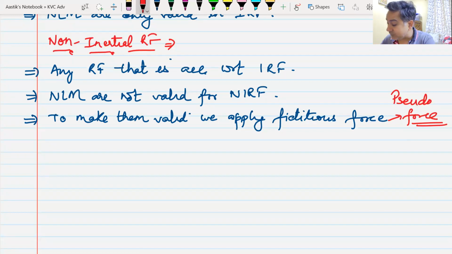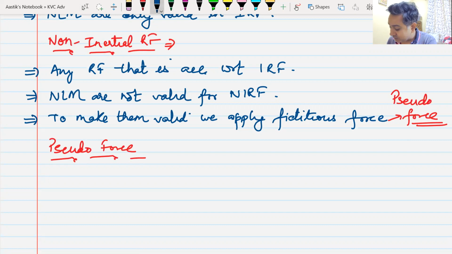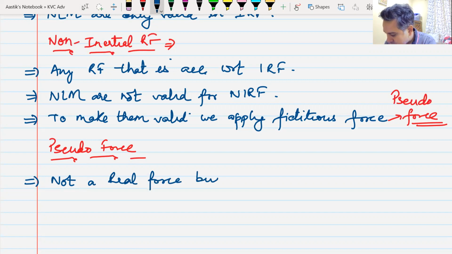So what do you mean by a pseudo force? The first thing, it is not a real force, but it is an imaginary force.